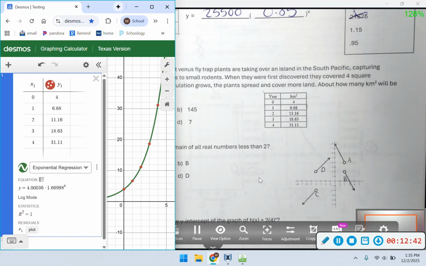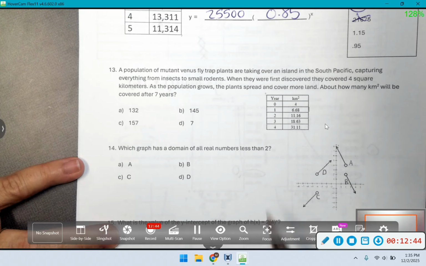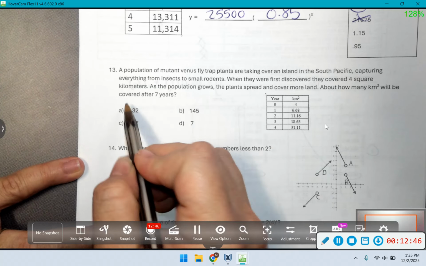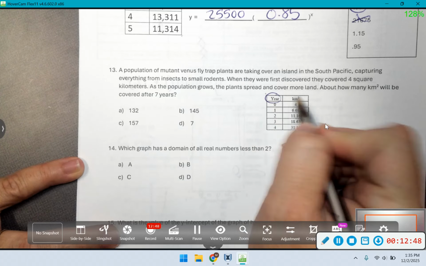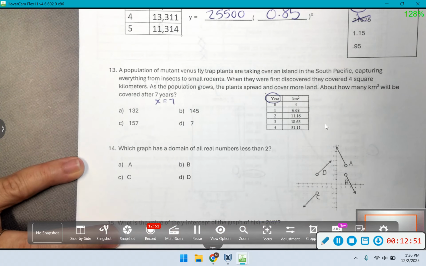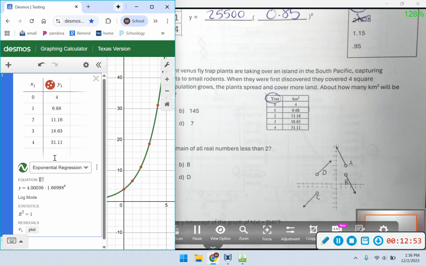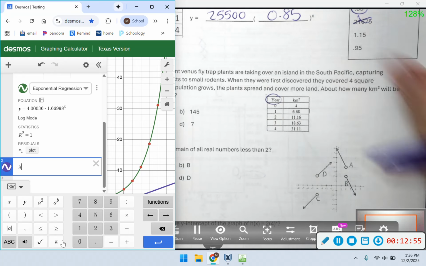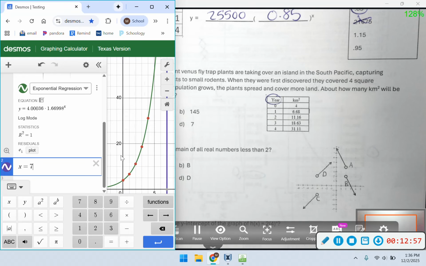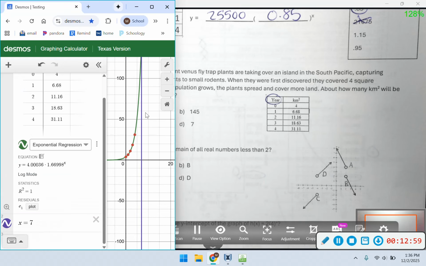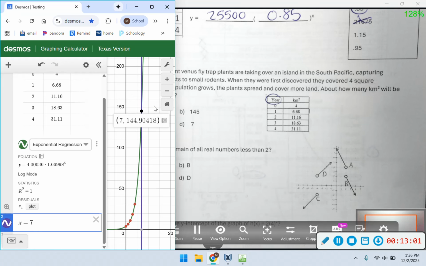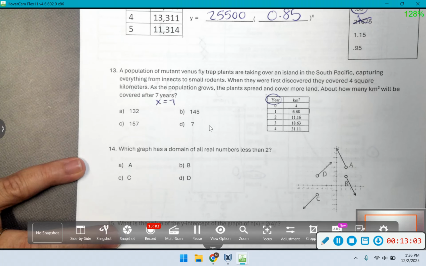And it says about how many kilometers will be covered after 7 years. Well, remember, years is my x, so x equals 7, and I'm going to type it in. And because it's zoomed nice from the table, we should be able to find our answer pretty easy. There's my answer, which is 144.9, so my answer is 145.